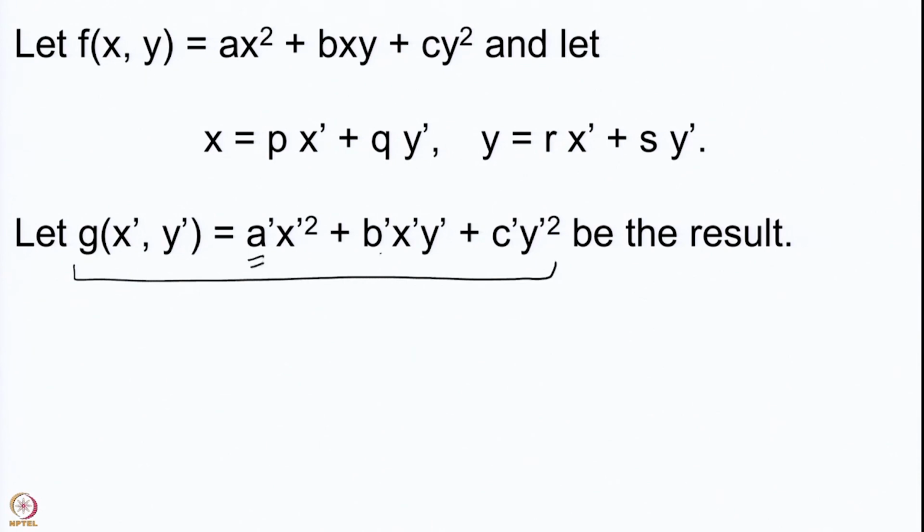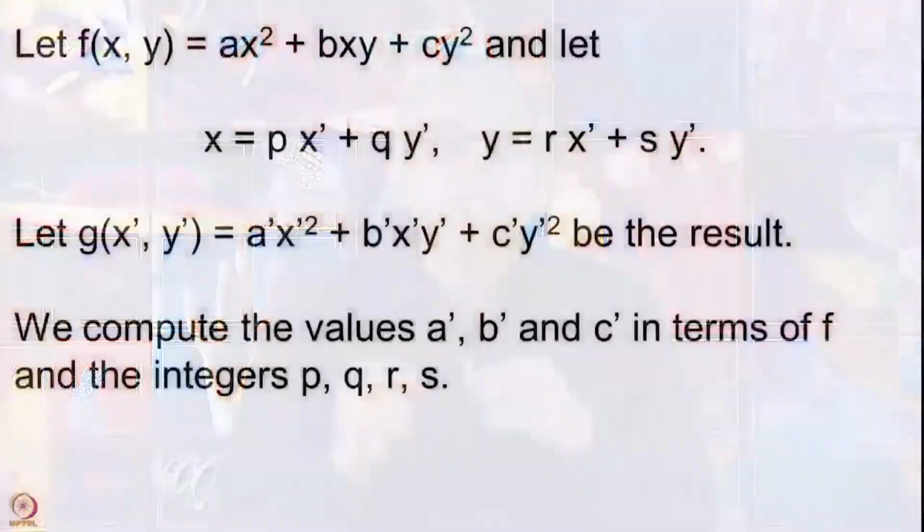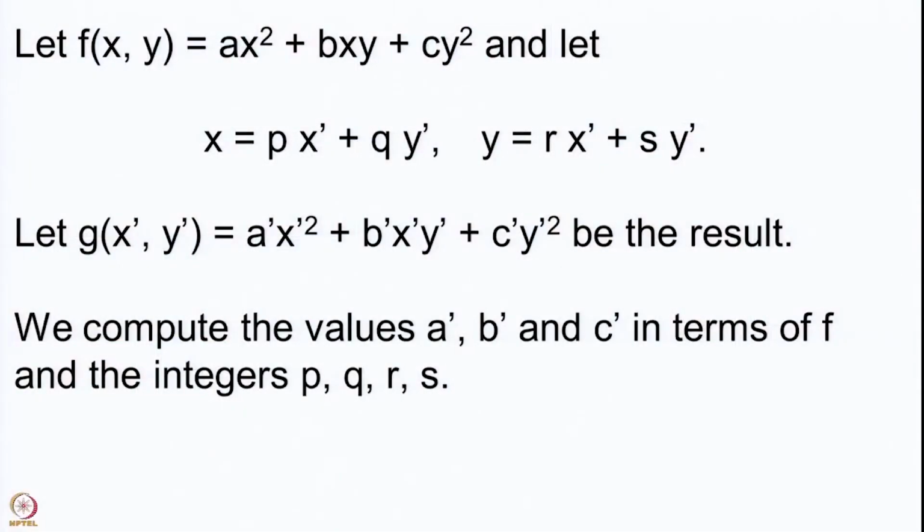We have different coefficients now, a prime, b prime and c prime, and we want to explicitly determine what happens to these coefficients. What is the value of these in terms of the earlier numbers that we have introduced? So, we compute the values a prime, b prime and c prime in terms of the numbers that we have.